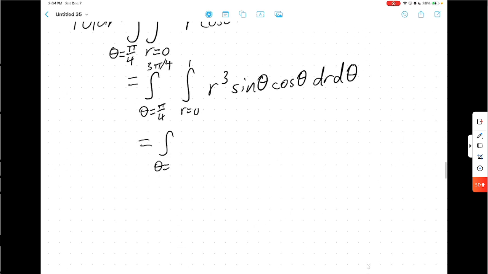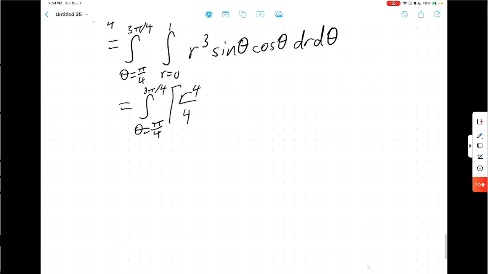And now we're going to solve this one. r to the 4 over 4, from 0 to 1, and then sine theta cos theta. I'll leave that one alone.